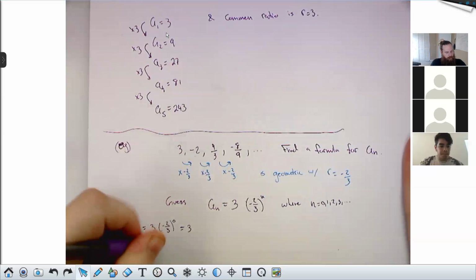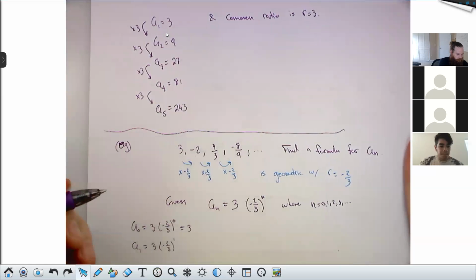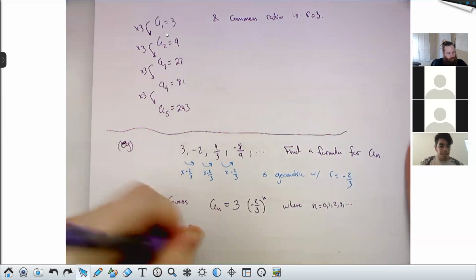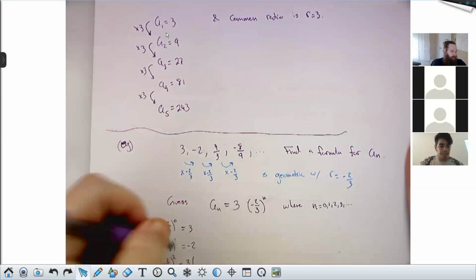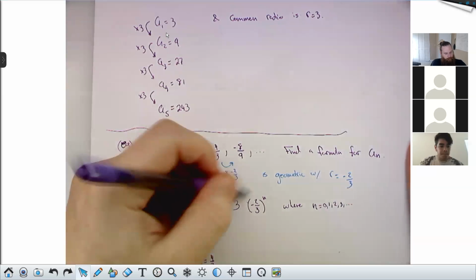A1 would be 3 times negative 2/3 to the 1. That's 3 times negative 2/3, that is negative 2. A2 would be 3 times negative 2/3 squared. Well, that's 3 times positive 4/9. That is indeed 4/3. So this works.